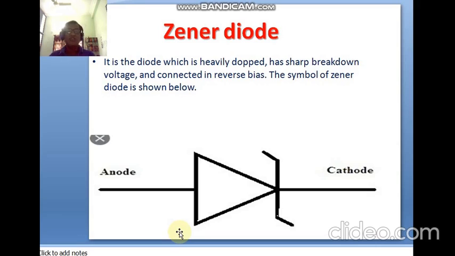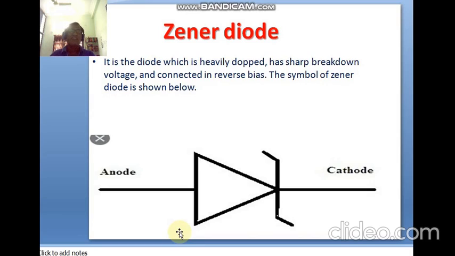This Zener diode is always connected in reverse bias only. If the Zener diode is connected in forward bias in electrical circuits, then it simply acts as a normal PN junction diode.